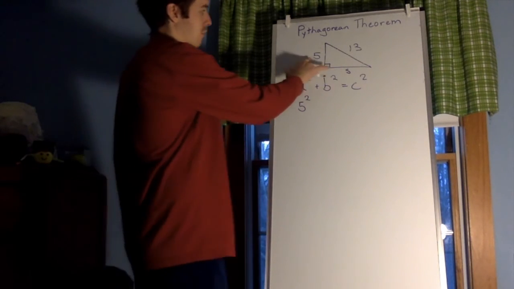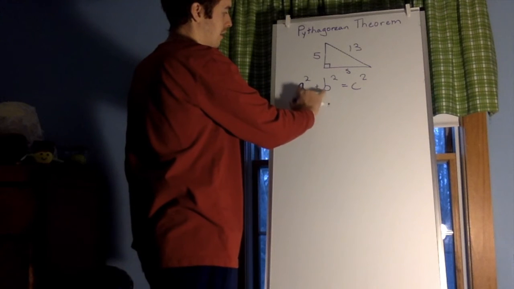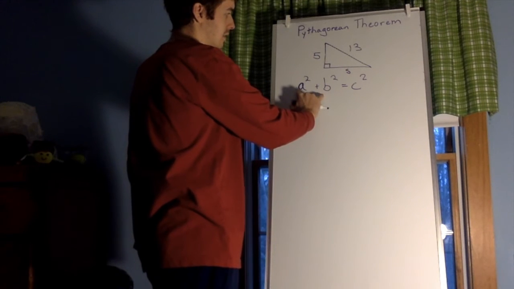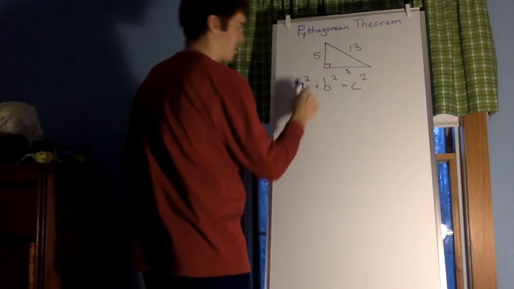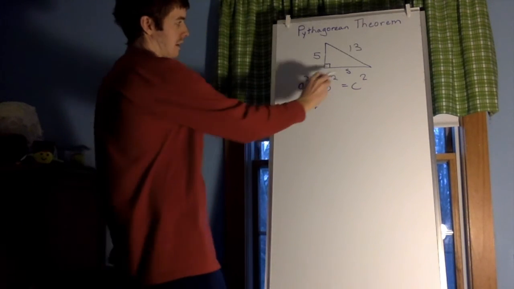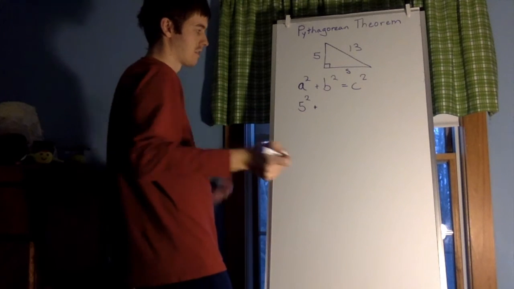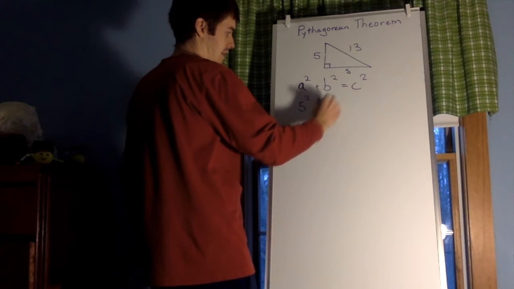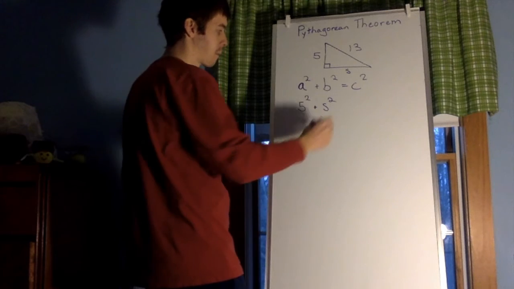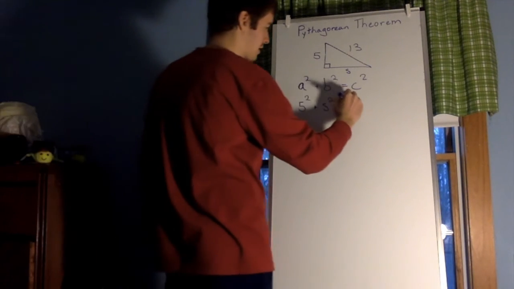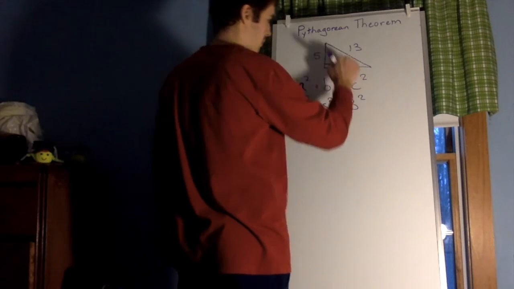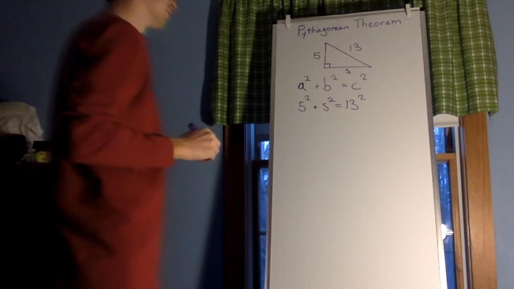We just have to make sure that both of the legs go in as A and B, not over here. That means my remaining leg is S. It's unknown, so I'm going to say that's S squared. And that's equal to 13 squared because C is just our hypotenuse.